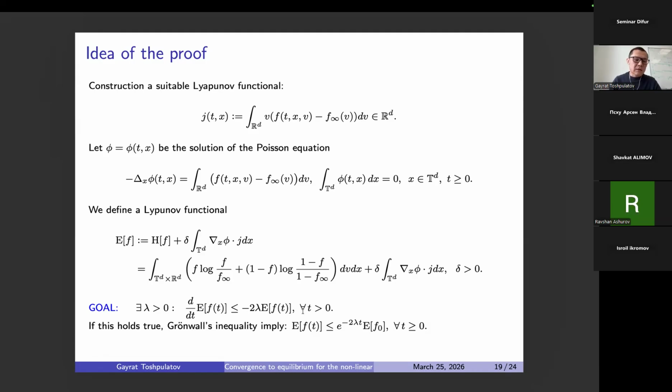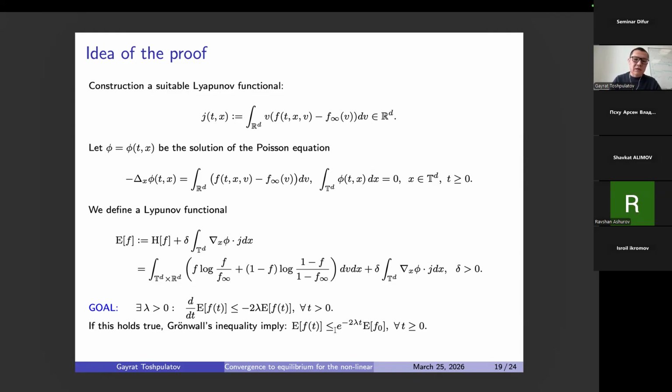So the idea is to prove this differential inequality: to show there exists some positive lambda such that this differential inequality holds for all t. If we have such a differential inequality, Grönwall's inequality implies that this functional decays exponentially, because it's just integrating this.